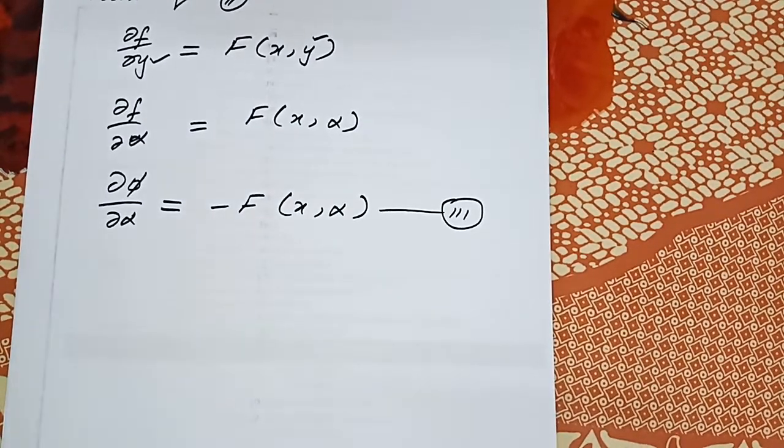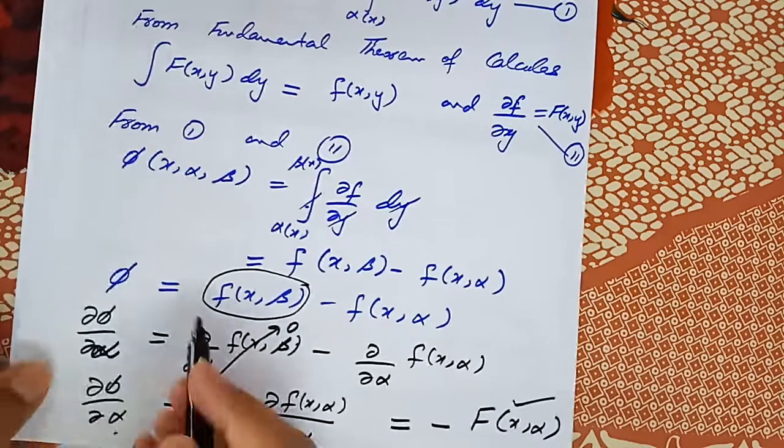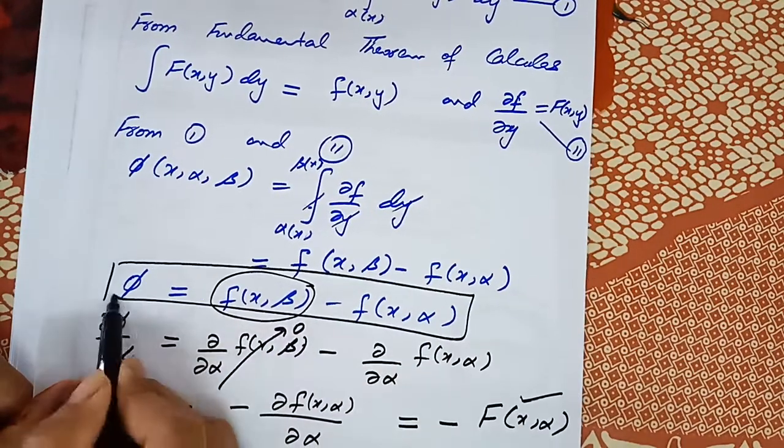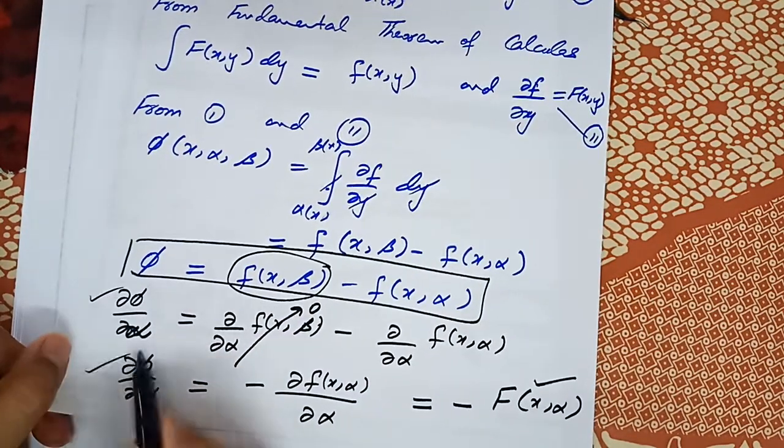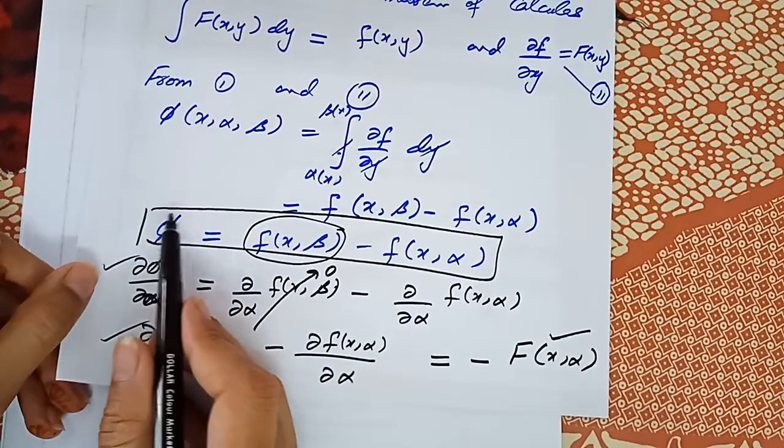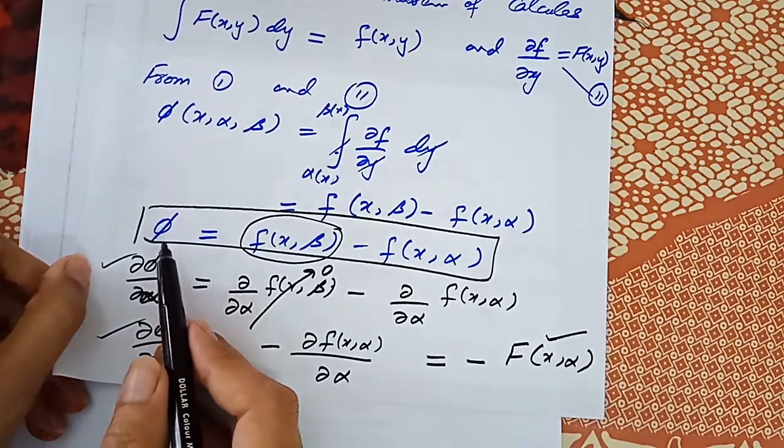Now first I took the derivative of phi with respect to alpha, the one that we did here. Now I'm finding this phi derivative with respect to beta.